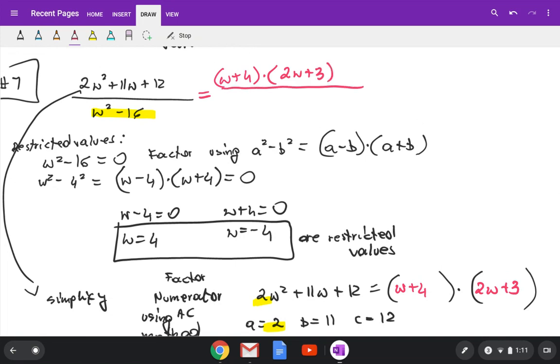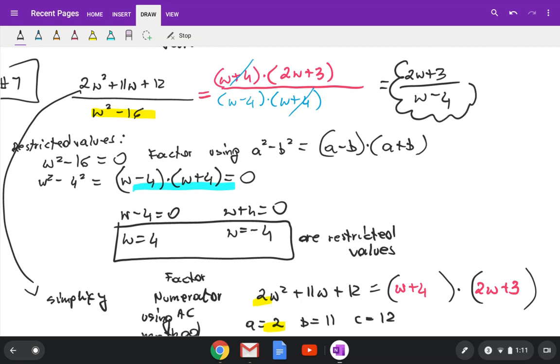I factored the denominator before, which is w minus 4 times w plus 4. And to simplify, you see that w plus 4 repeats. So we end up with 2w plus 3 over w minus 4. So this is the simplified form.